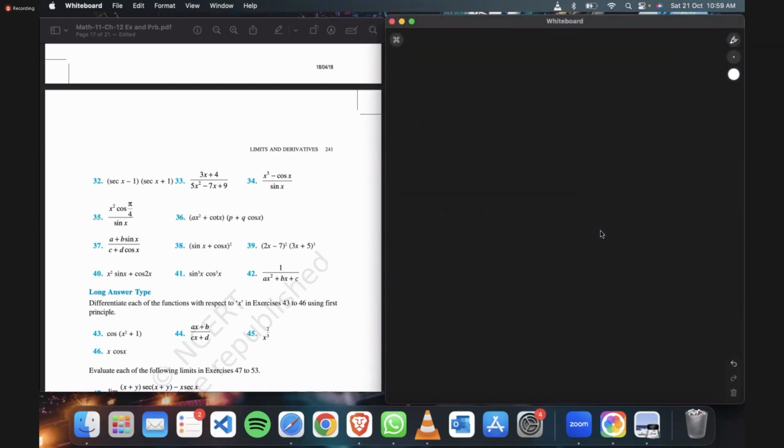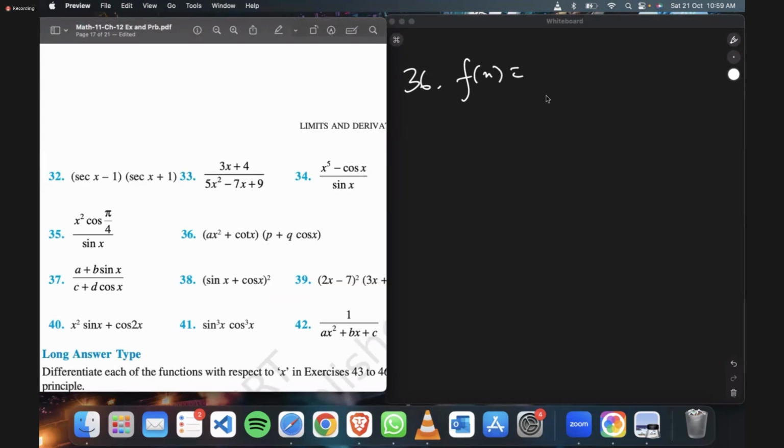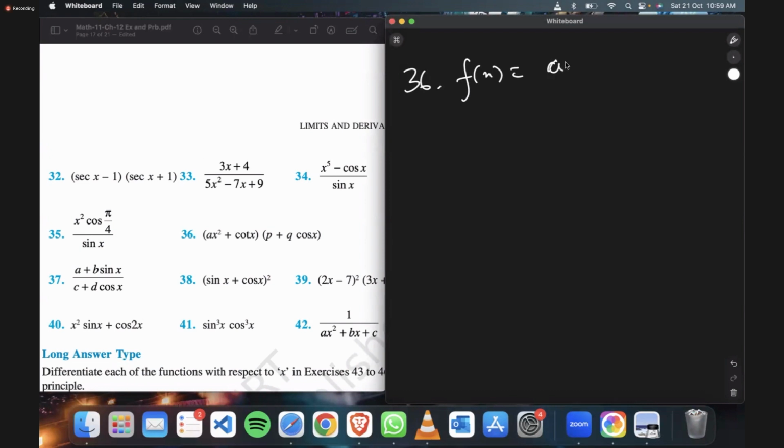So next up is question number 36. f(x) has been given to me as (ax square plus cot x) and (p plus q cos x). Yeah. So if we apply the chain rule here, this differentiated with p plus q cos x, so it will be 0 minus q sin x.